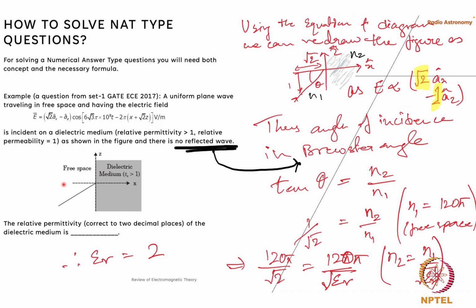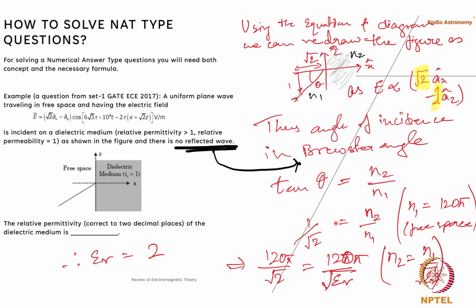You also know that free space has relative permittivity of 1, whereas the other medium will have some value greater than 1. Since the condition is the Brewster angle, you will have tan of theta equals n2 by n1, where n1 and n2 are the impedances of the media.